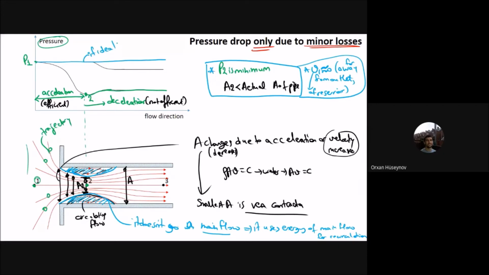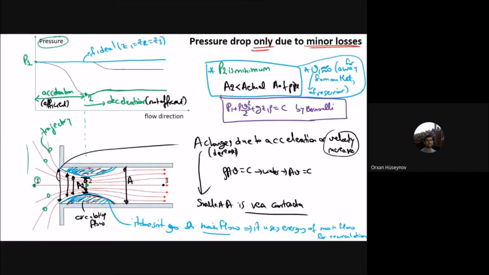By Bernoulli's principle, because Z1 is the same as Z2 and Z3, P1 plus rho V1 squared by 2 plus rho g Z1 is equal to a constant. The velocity at point 1 is 0, therefore the pressure should remain constant by Bernoulli.